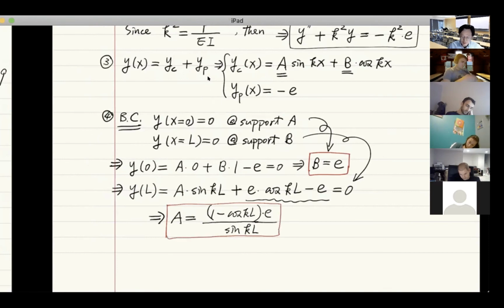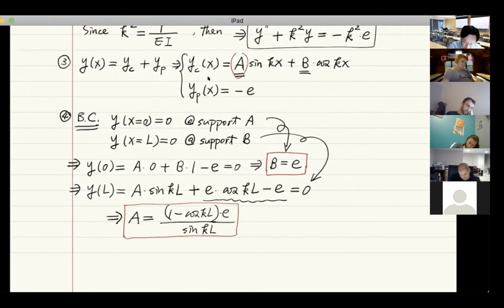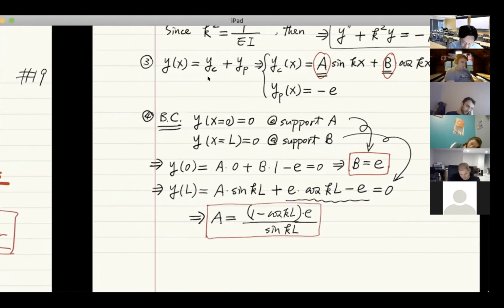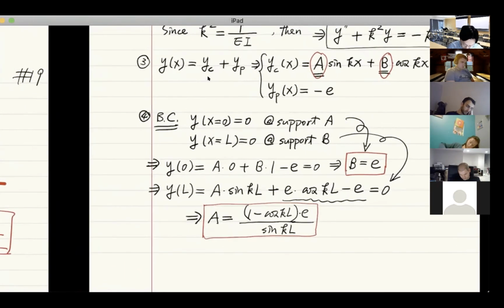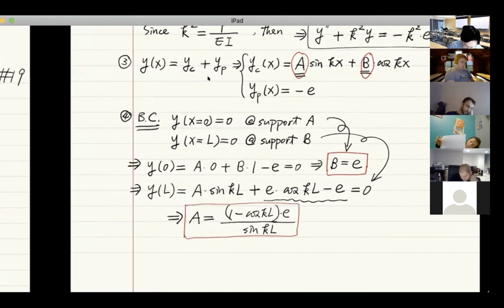Now, once you have found the values of A and B, you already have the complete solution. And again, because it's the first example, we're going to plug everything back, and you can see how the complete solution looks.